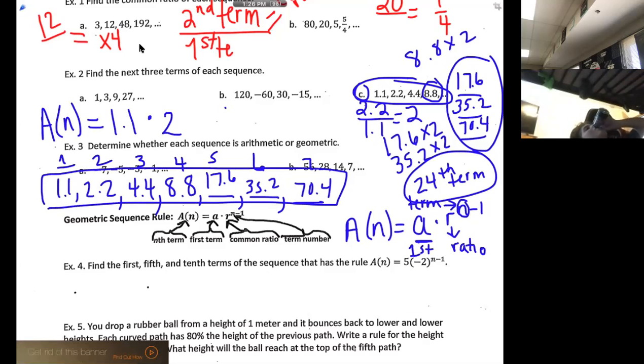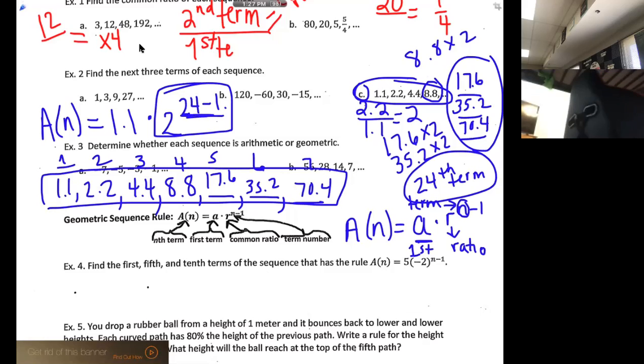So that's N. And then it says 24 minus 1. Now we use PEMDAS. PEMDAS says we should always do exponents before we multiply. So let's simplify this first. So we have 2 to the 23rd power. And then we're going to take that number and multiply it by 1.1.